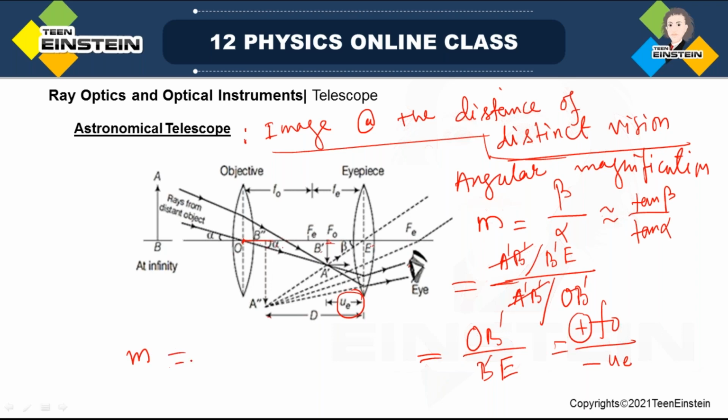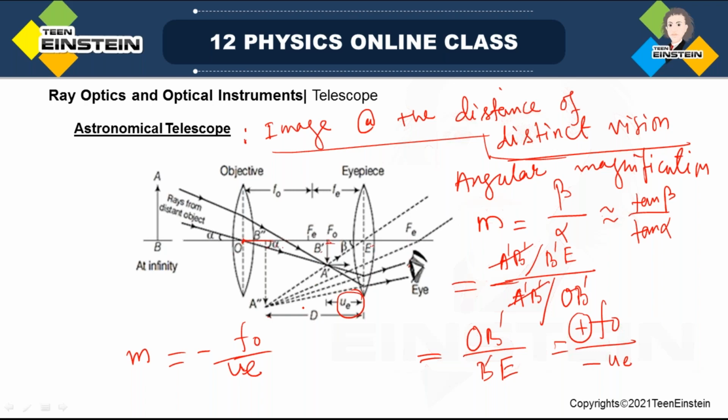So what is the magnification you get for this? See, minus F0 by UE. This is the focal length of the objective divided by the distance of the object from the eyepiece.